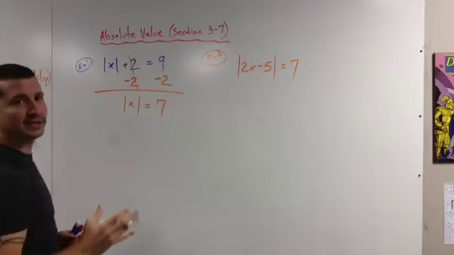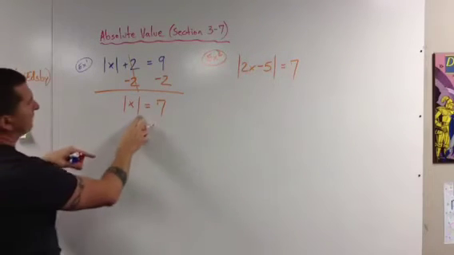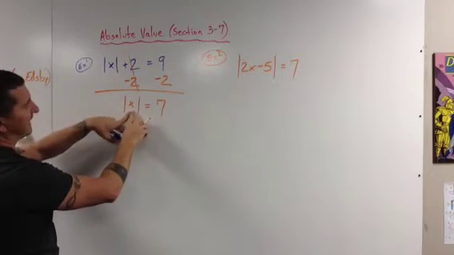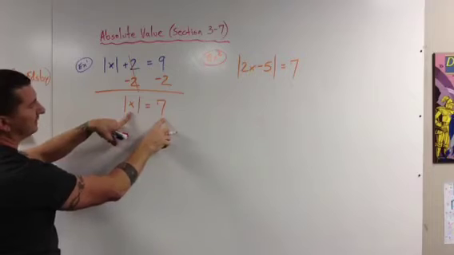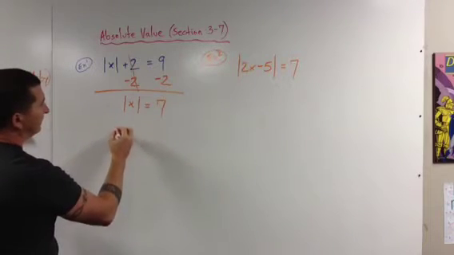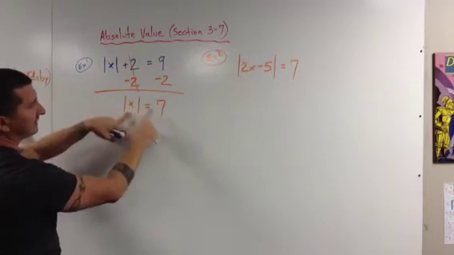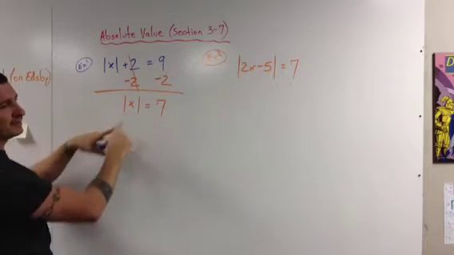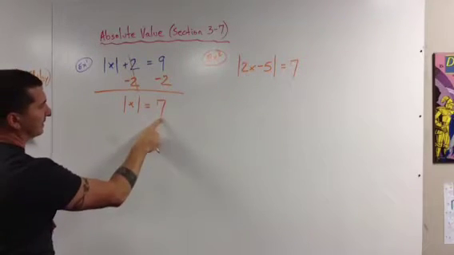Now here's where it gets a little different than what you've done before. Now what number do you take the absolute value of to get to 7? There's two different numbers. You can take the absolute value of 7 to get to 7, or you can take the absolute value of -7 to get to 7.